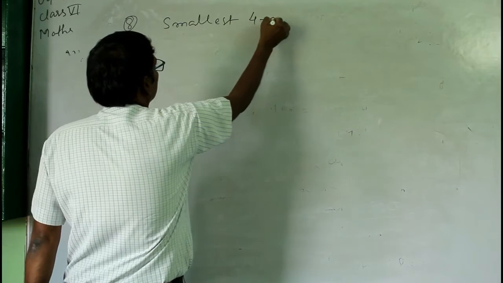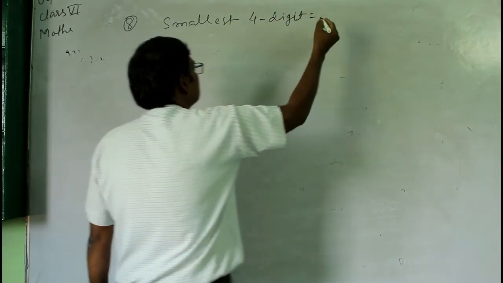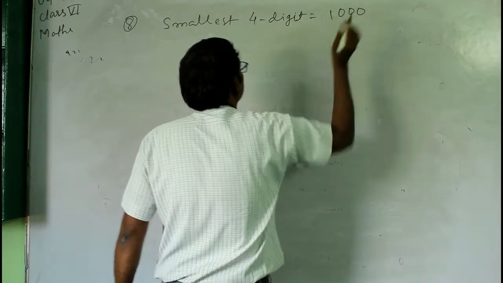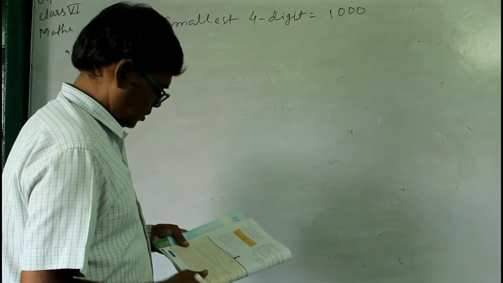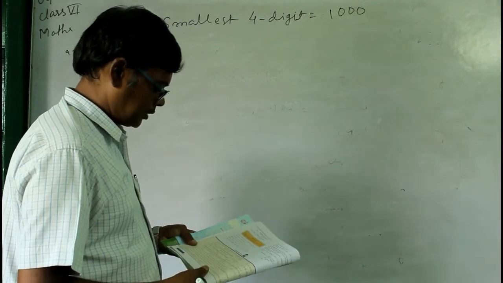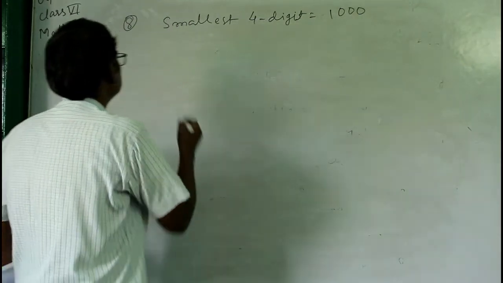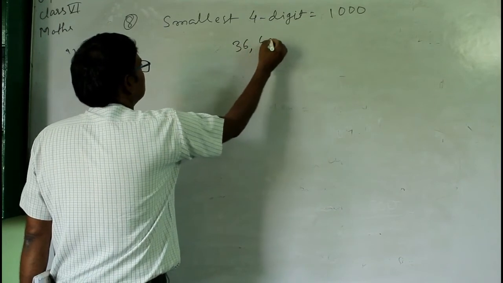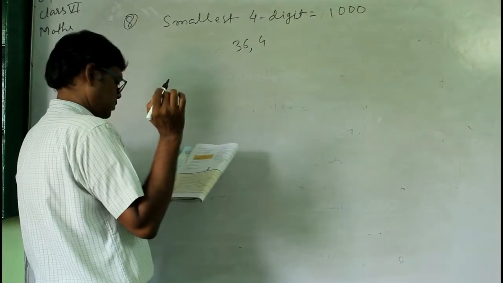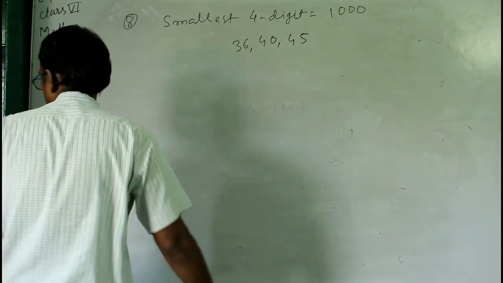What is the smallest 4-digit number? It is 1000. The numbers are 36, 40 and 45. We will find the LCM of these three numbers.